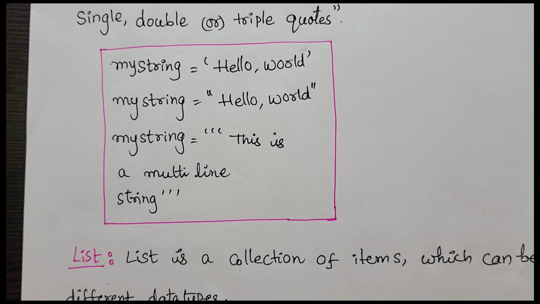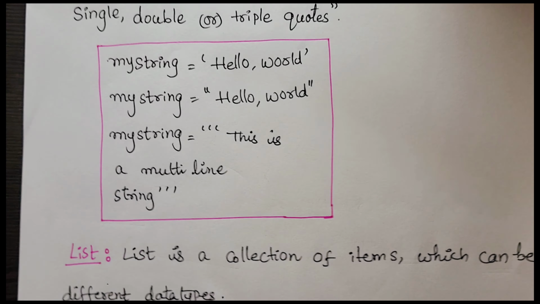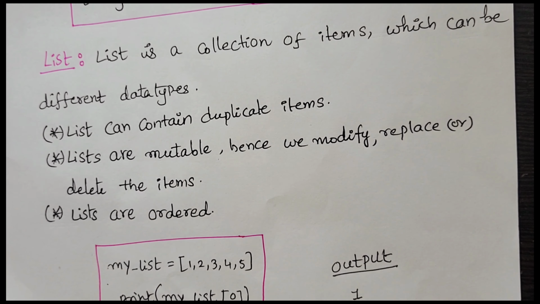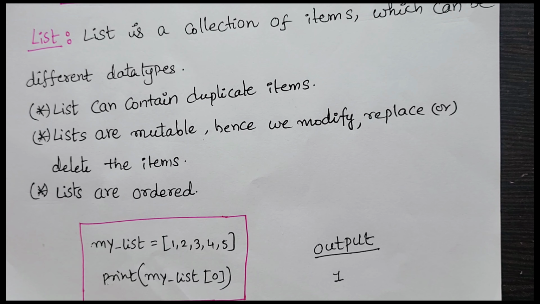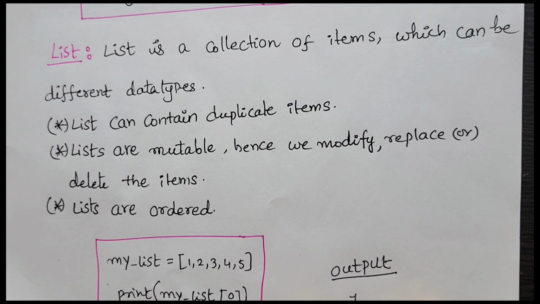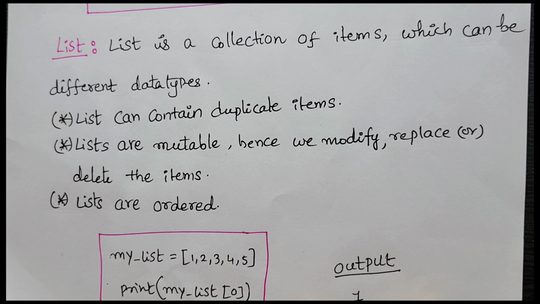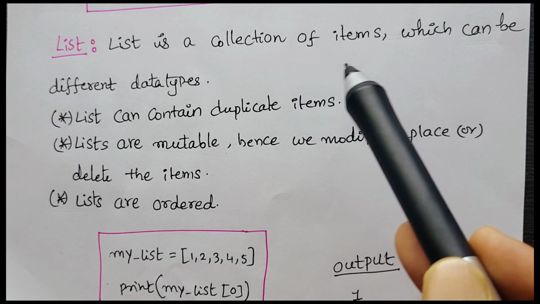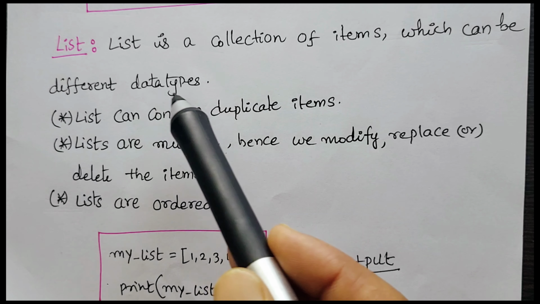In the sequence type, the first one we have is string, and the second one is list. Now let us discuss the concept called list. What is meant by a list? A list is a collection of items which can be of different data types.